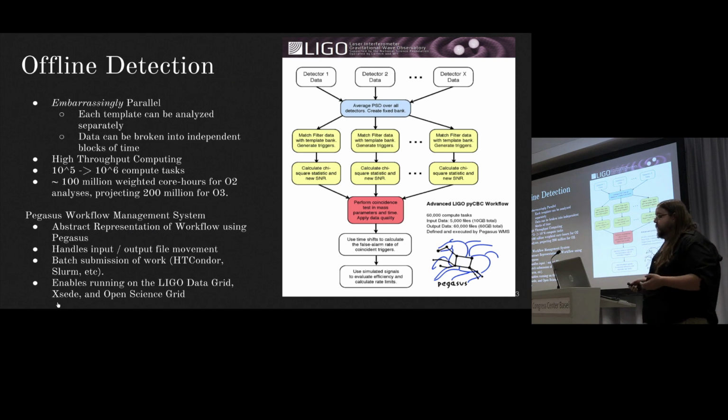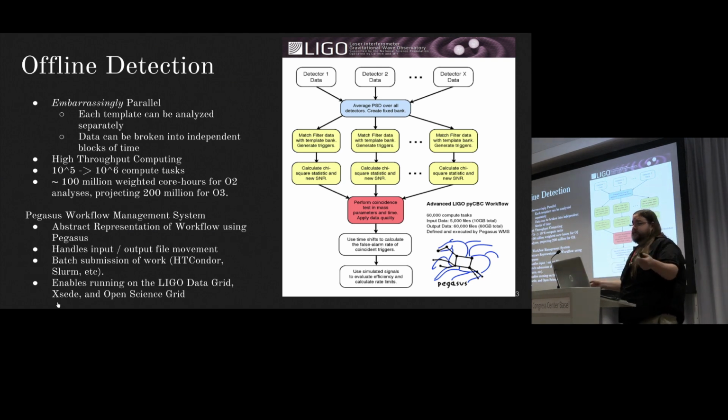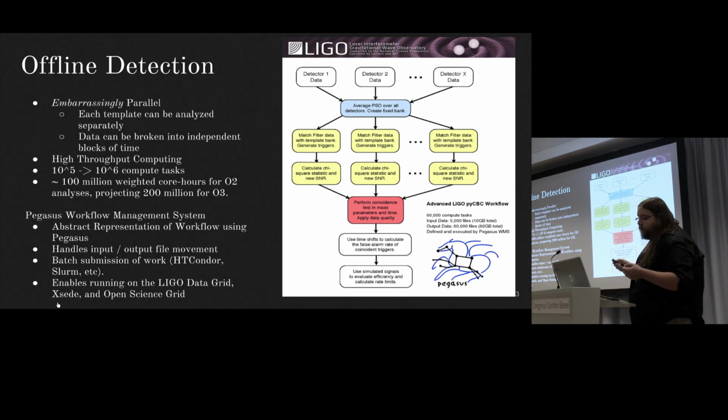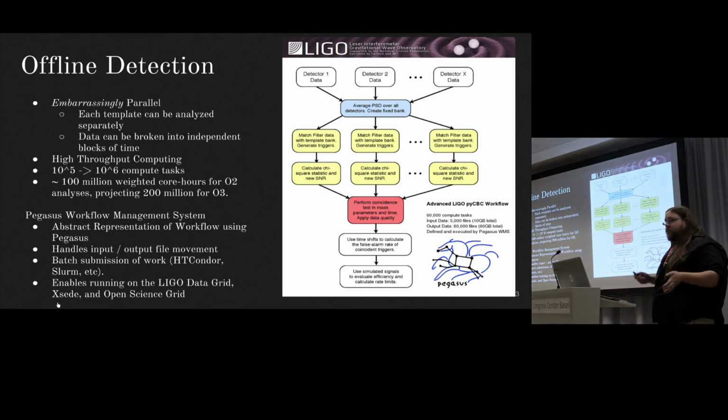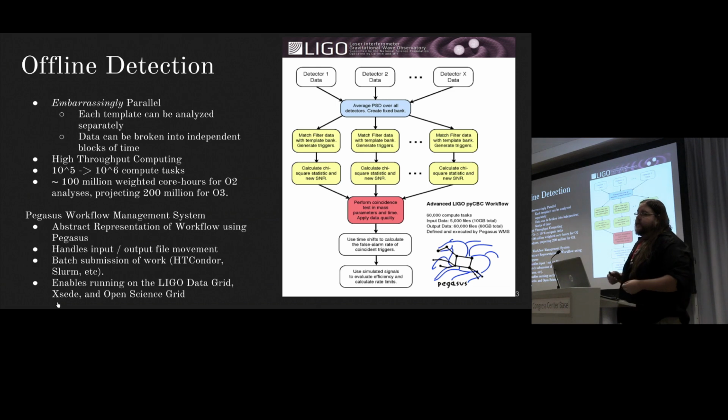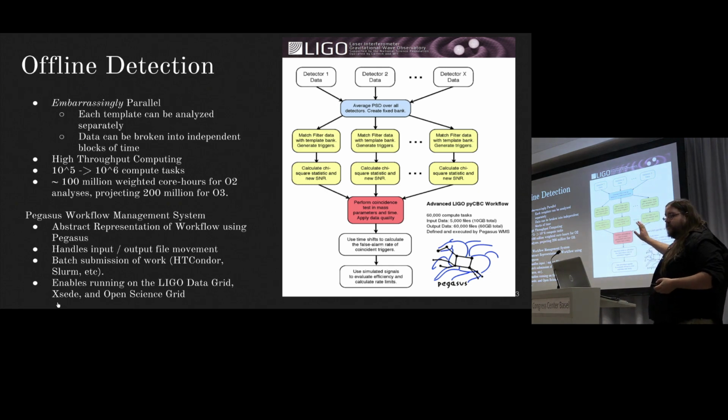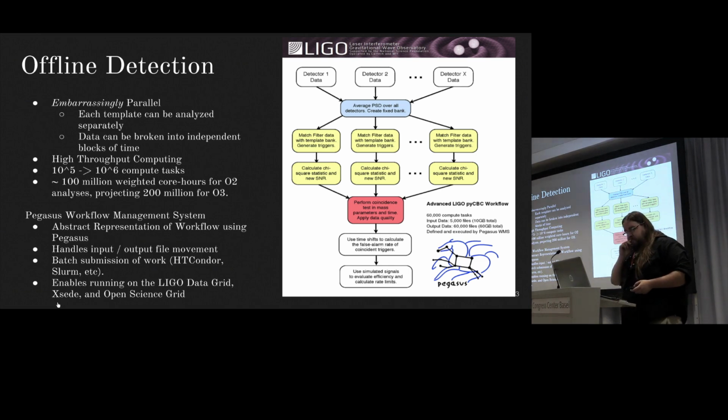The task will usually be something like analyze this segment of time and look for these kinds of signals. Each of them can do that separately, and we usually have order 10^5 to 10^6 such tasks. To give you an idea of how much computing that requires, for the O2 analysis, we used roughly 100 million core hours. We expect that to maybe double for our next analysis.